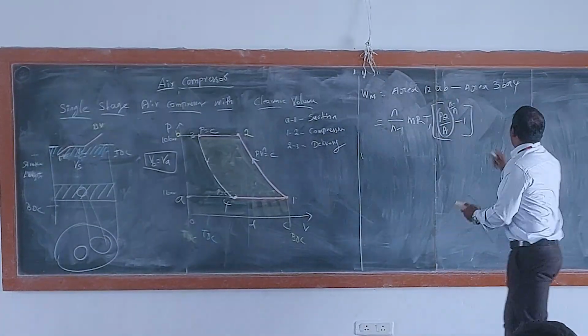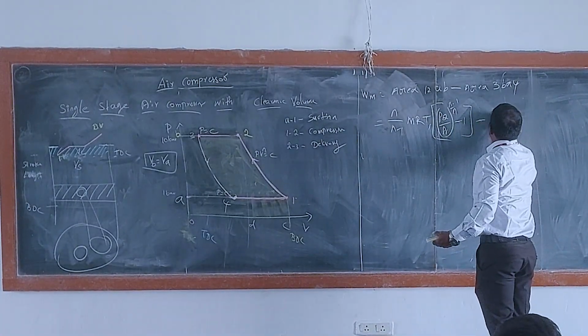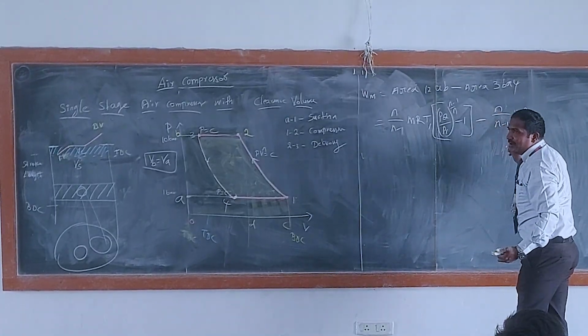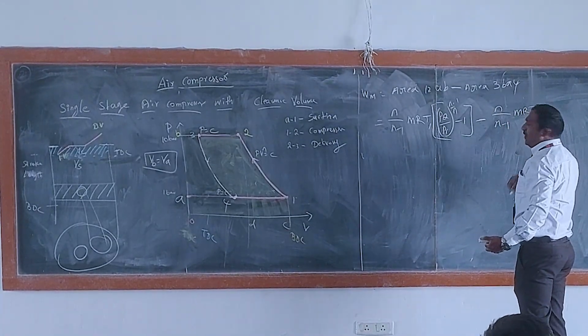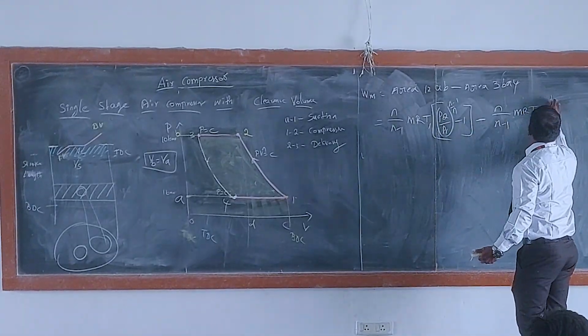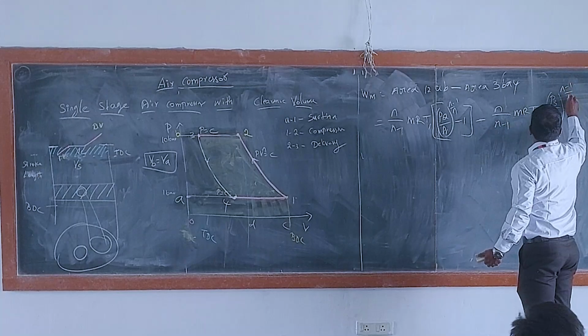For this area, tell me, minus n by n minus 1, m R T4, instead of P2 we go for P3 divided by P4, whole power n minus 1 by n.